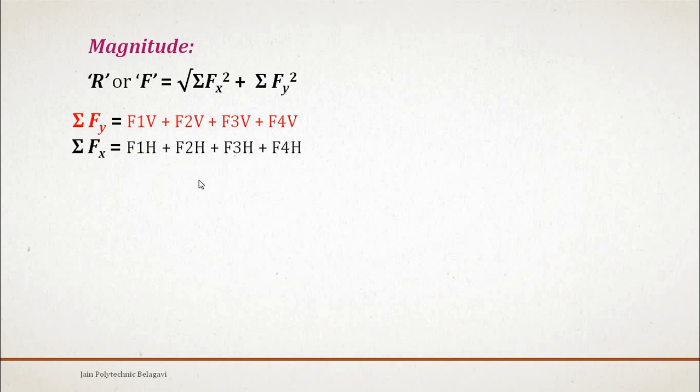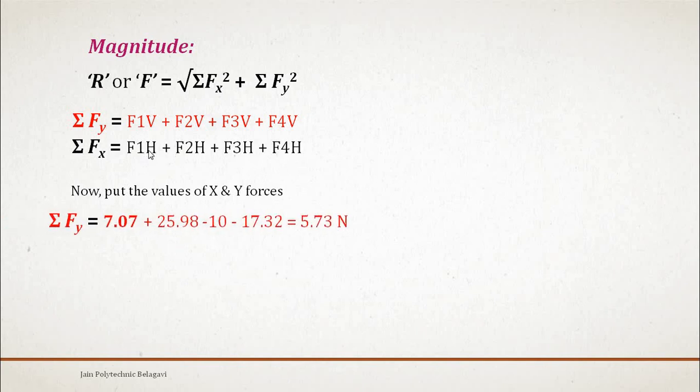Add all those values. Now put the values. F1V is 7.07, F2V is 25.98, F3V is minus 10, F4V is minus 17.32. So the total algebraic sum is plus 5.73.